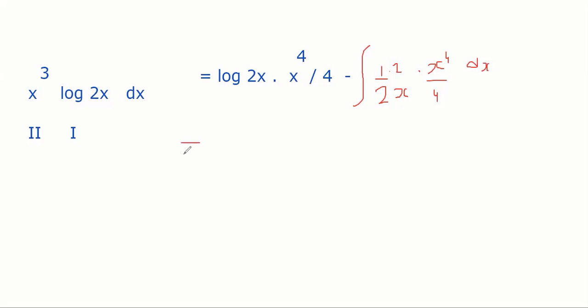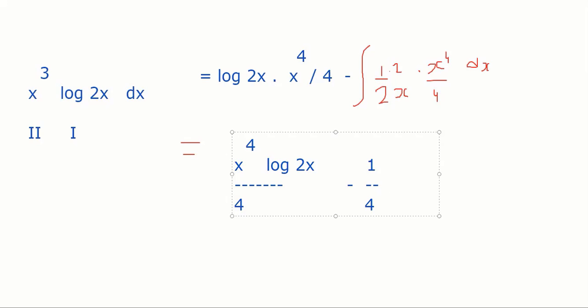So my question will become x to the power 4 log 2x by 4, this is okay, no problem. Here there is a minus. Now what is happening here: 1 into 2 is okay, 2 and 2 cancel, 1 by 4 comes outside, and x cube, correct? 1 by 4 and integration of x cube, because x to the power 4 by x is x cube.